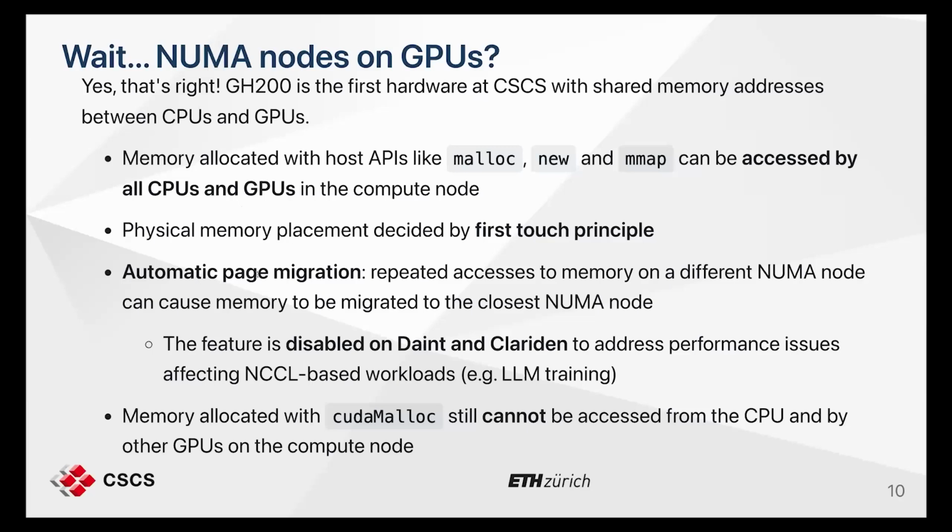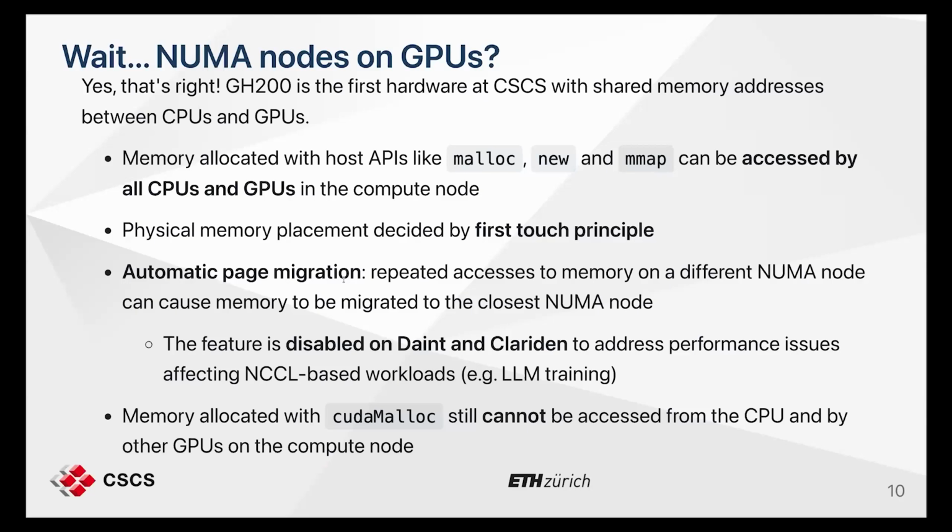Now, automatic page migration, which is a repeated access to memory on a different NUMA node, can cause memory to be migrated. For example, if you have some memory residing on the host memory, and then this is really frequently accessed by the GPU on a different NUMA node, then most probably this will continue to be accessed frequently.